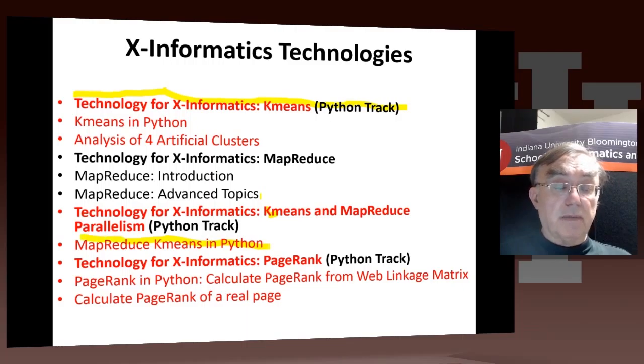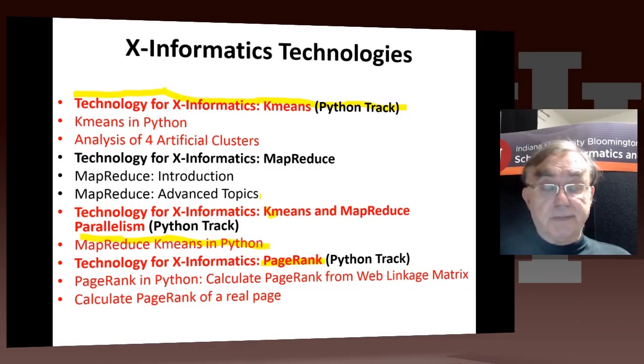We do run maps followed by reduce, we just don't run them controlled by Hadoop or some fancy MapReduce technology. But it illustrates the key idea of how you break things up into maps and follow the maps by a reduce operation.